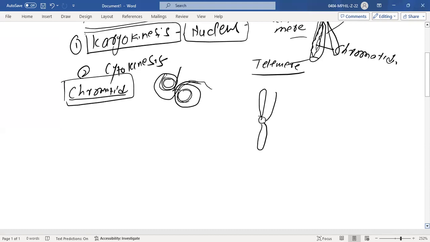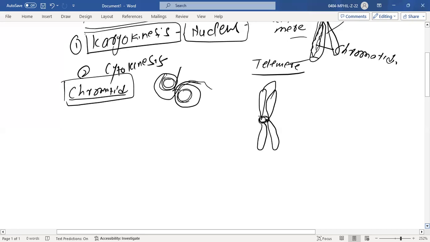Whenever you see a structure like this, it is a pair of chromosomes, the copy of this one. So keep in mind this is a pair structure. It is not a single chromosome. It is a pair of chromosomes where you have an identical copy of this one.